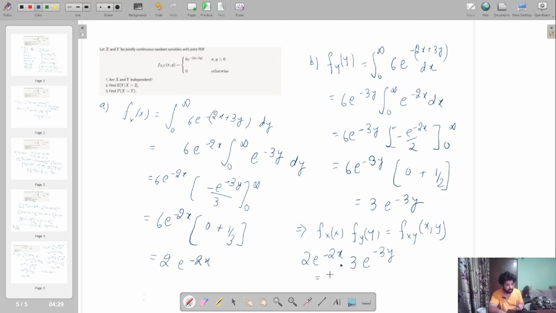If I multiply this, it is 6, and I can write minus (2x plus 3y) in brackets. So if you see here, I have this function, and this is similar to this function, and we have the range x from 0 to infinity and y from 0 to infinity, which is given in the function also. So I can say x and y are independent. Yes, they are. All right, let's move to the next part and solve that one.